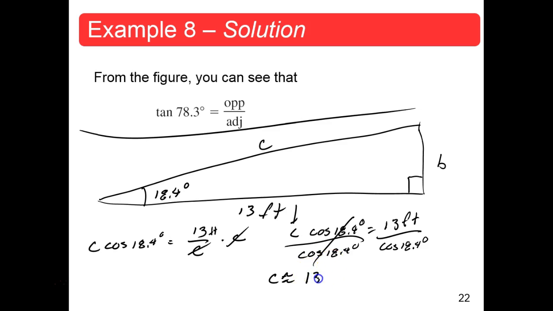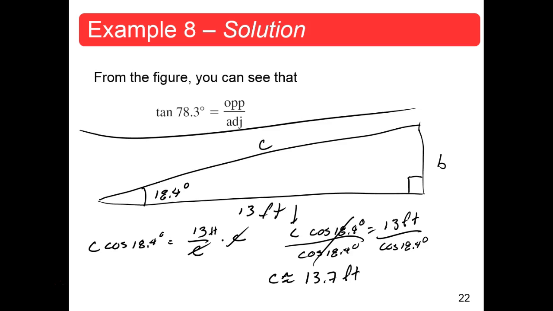Okay, you got 13.7 feet. Does that sound reasonable? Yes, the hypotenuse is always along the side. This side was 13. It's got to be longer than that. This is longer than that. So it sounds reasonable. Okay?